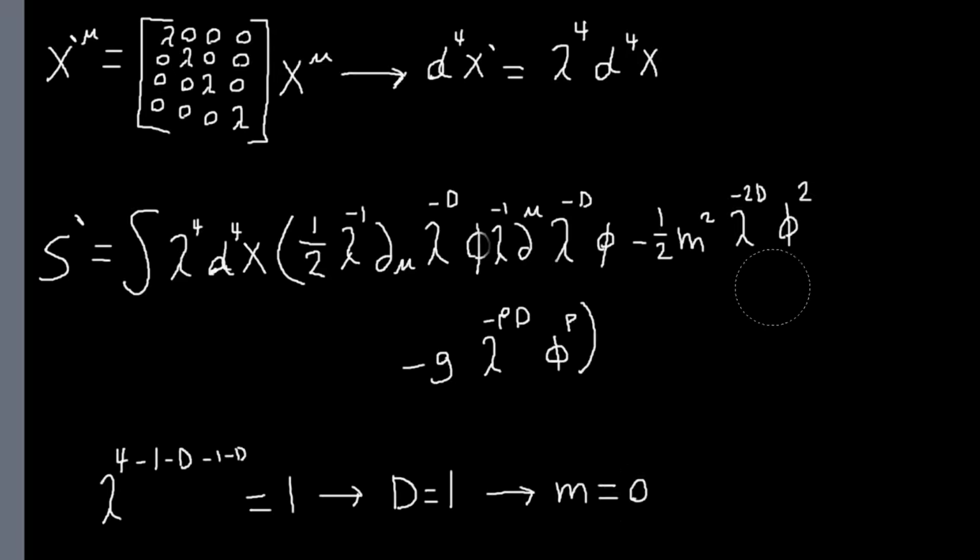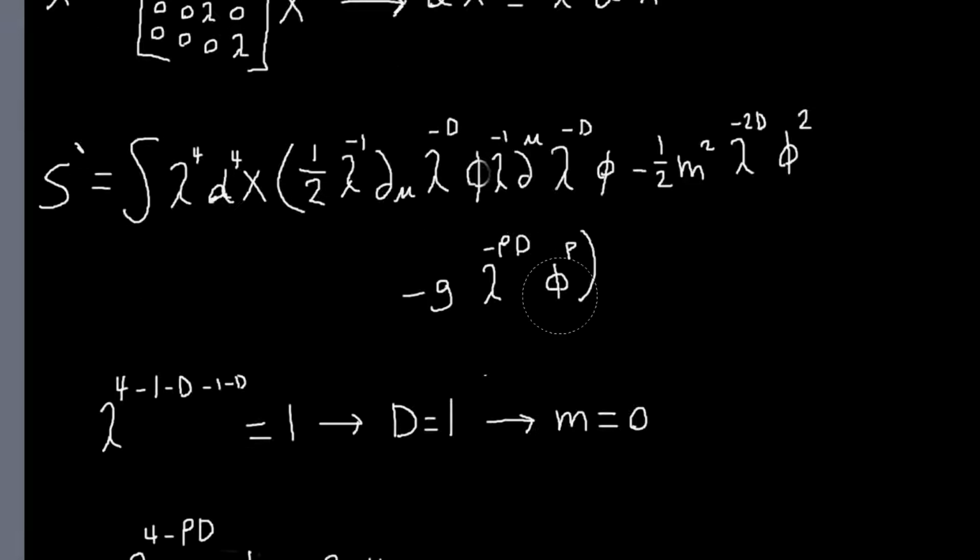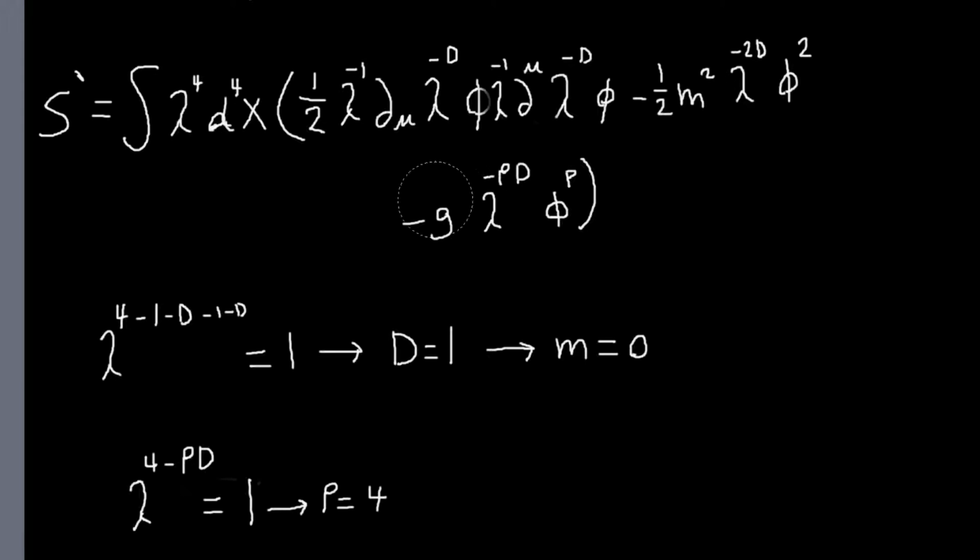So we have to have m equal 0, otherwise our action can't be invariant. And then lastly, we have this term. If we want it to be invariant, we'll be led to the condition lambda to the 4 minus pd is 1. Since we know d has to be 1, that's just 4 minus p equals 0, so p equals 4. So those are our conditions.